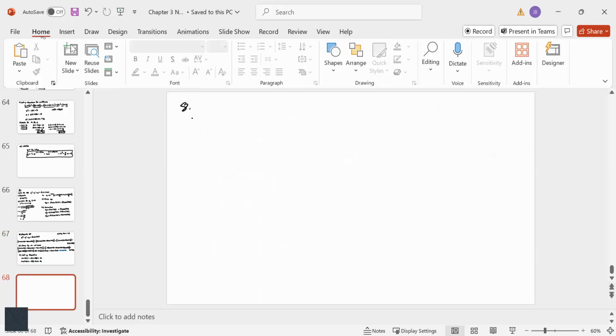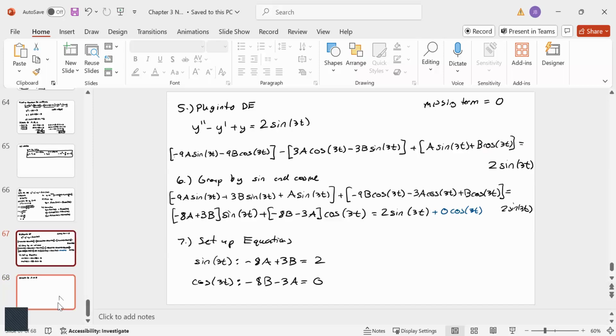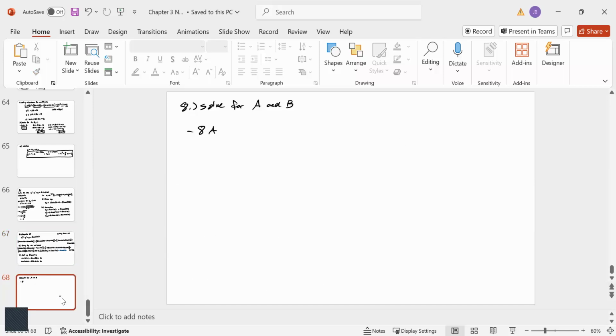So step 8, solve for a and b. So we've got negative 8a plus 3b equals 2, and then negative 8b minus 3a equals 0. So I'm going to solve for, it doesn't matter which letter you pick, I'm going to solve for b.